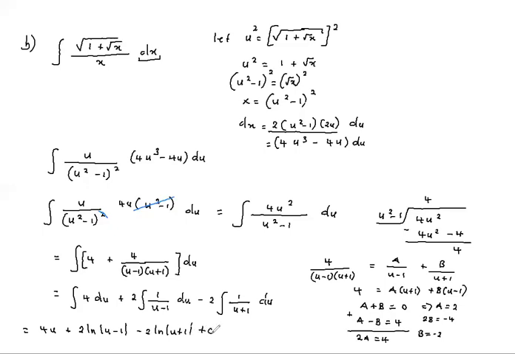The work now is getting back to our u. So we need to get back to u in everything. So we have 4u plus 2 ln u minus 1 minus 2 ln u plus 1 plus c, but u is 1 plus root x.